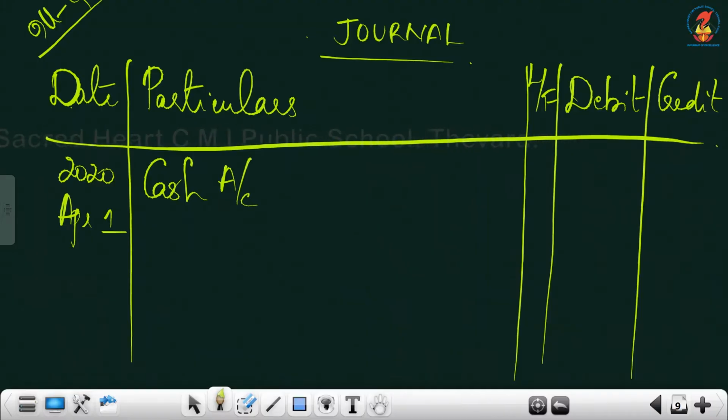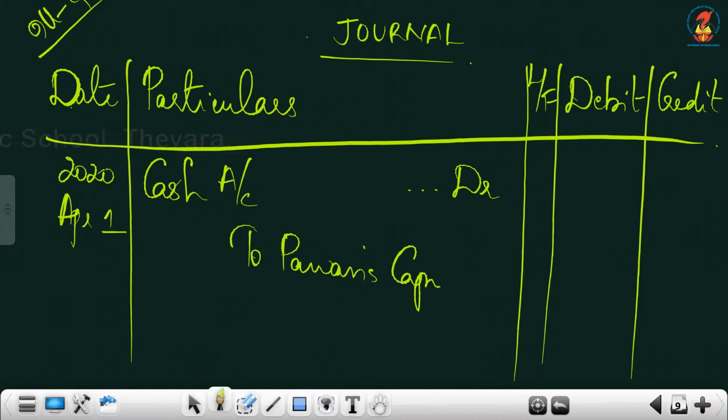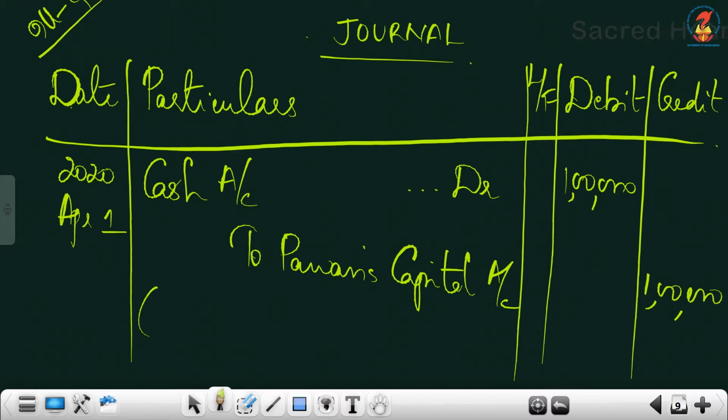So cash account debtor to Pavan's capital account. The amount is 1 lakh. Write the narration, started business.